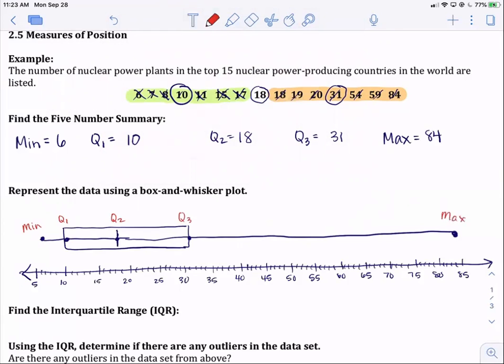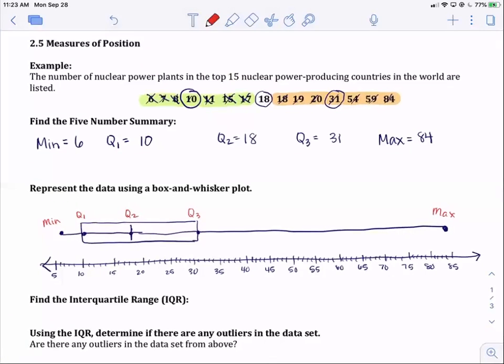Okay, so that's how we got our 5 numbers. We have our minimum and our maximum, our Q1, our Q2, and our Q3. Questions on finding that? Or drawing that, I guess. Okay, the only thing it's missing is make sure you put some type of title. So number of nuclear plants.